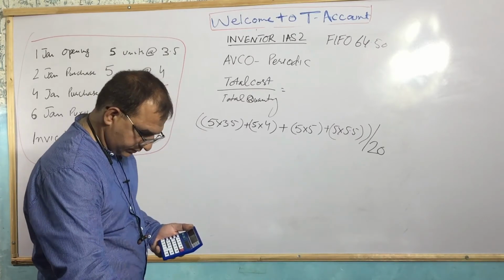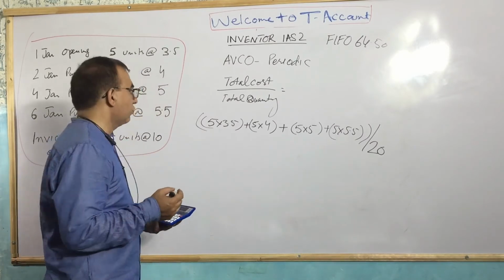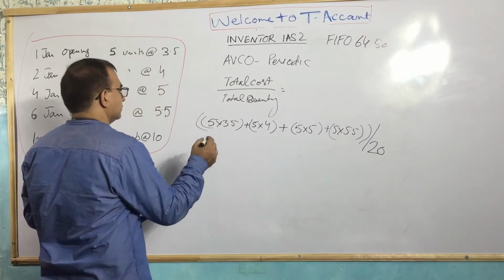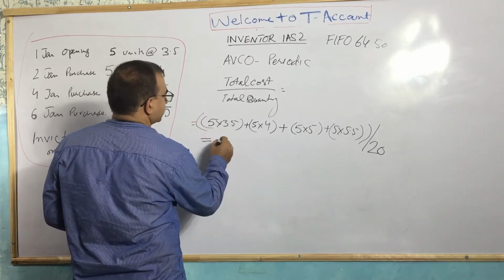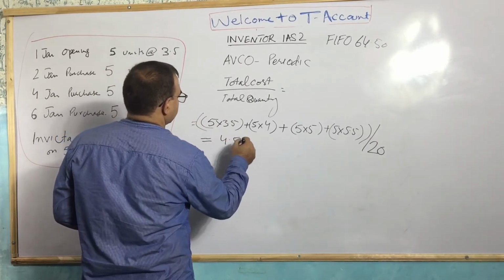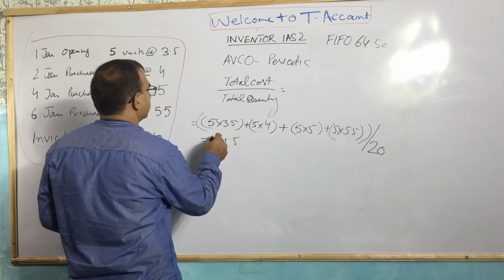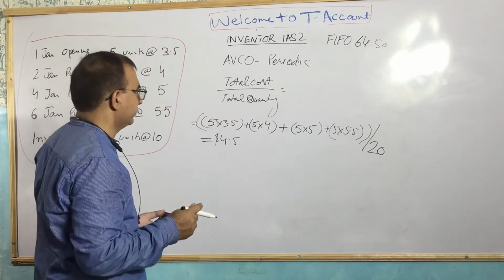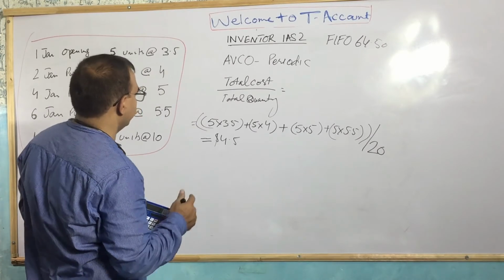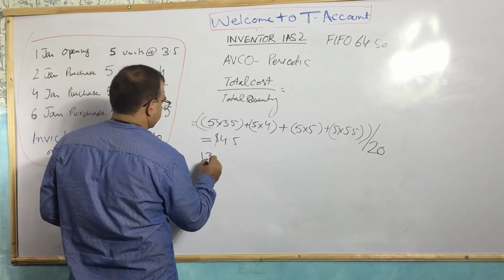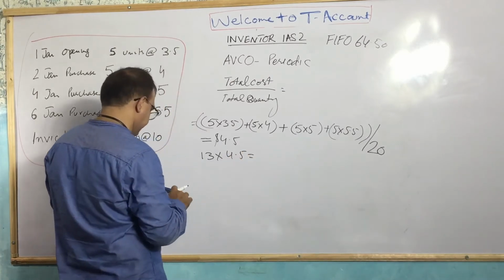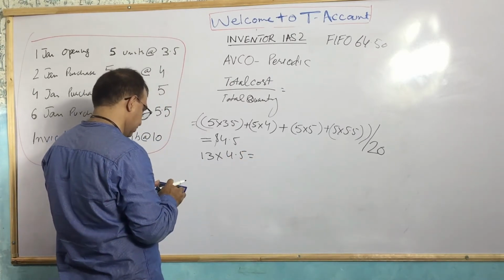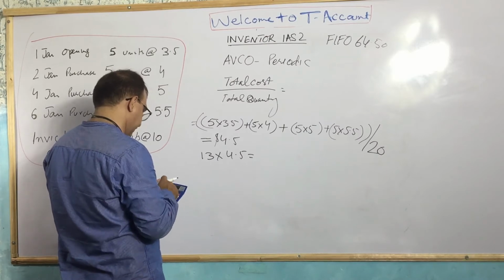So this is 4.5. So cost per unit is $4.5 through this periodic average. Now the value of 13 units. 13 into 4.5, what is that? 13 into 4.5.